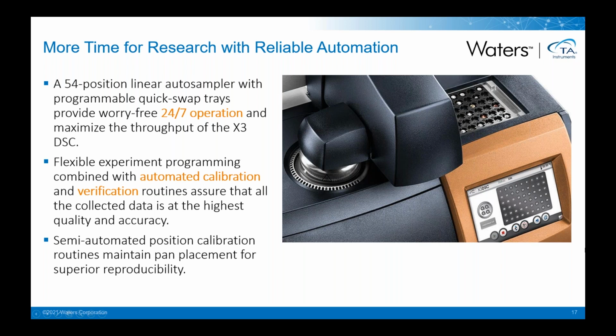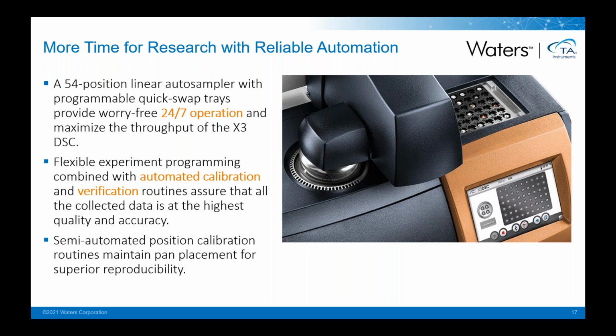There's also automated calibrations and verifications, so we can keep our instrument maintained. And then there's an automated or semi-automated position calibration for the sensor. For sensors, placement of the pans on those sensors is critical for maintaining high quality data.